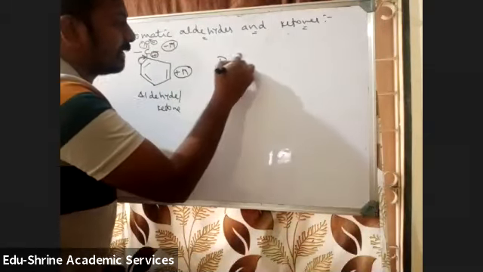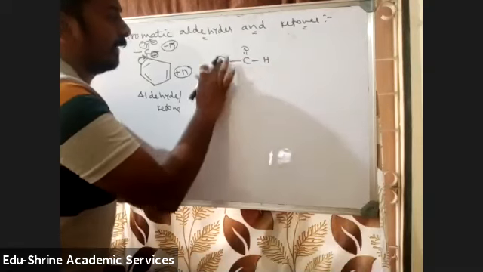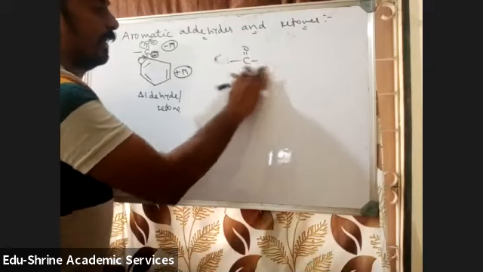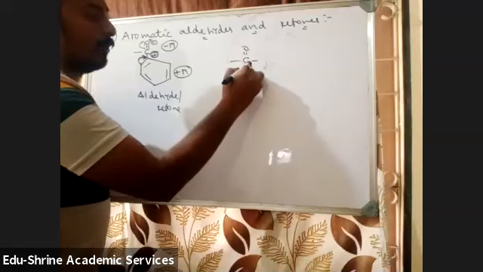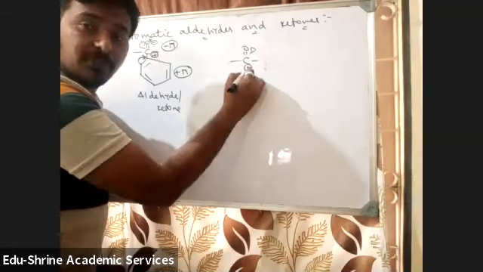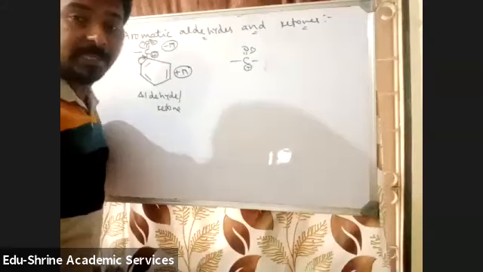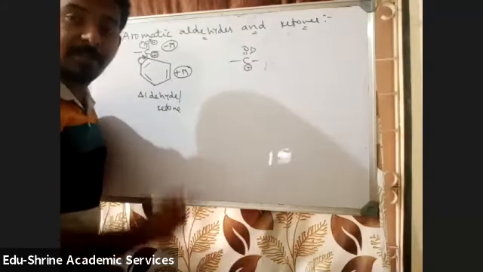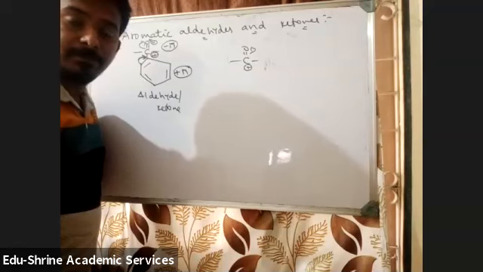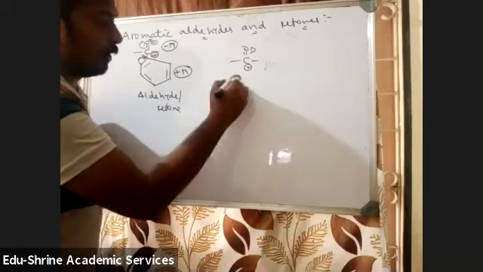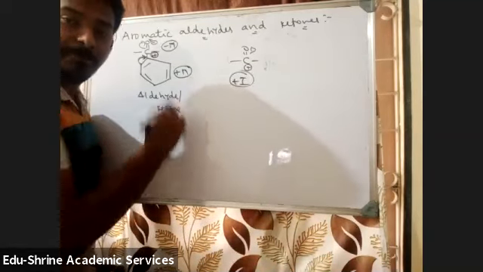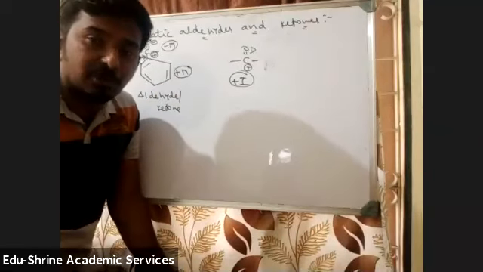Whereas in the aliphatic case, if I take an aldehyde or ketone, now tell me where the positive charge will be neutralized readily. Aliphatic or aromatic? Here it is only plus I. Here it is plus M. So in aromatic, the positive charge is neutralized readily.